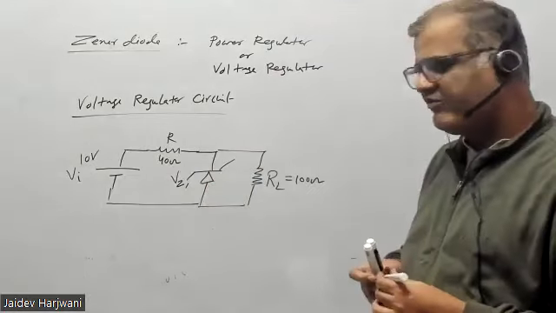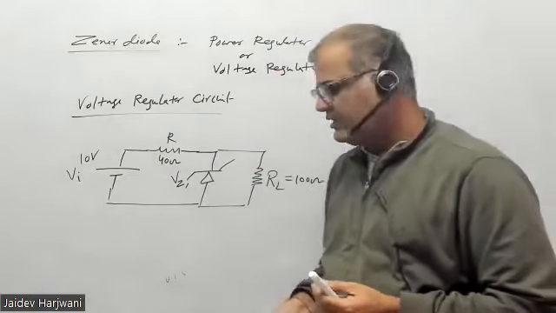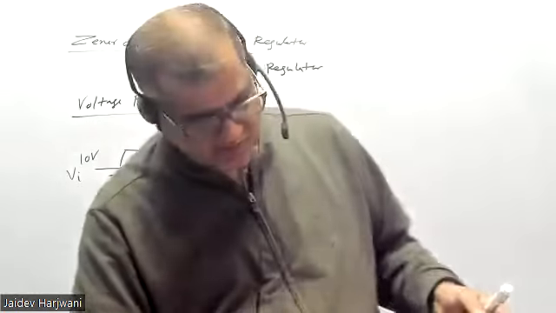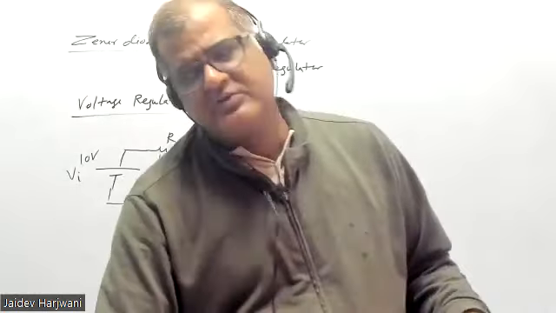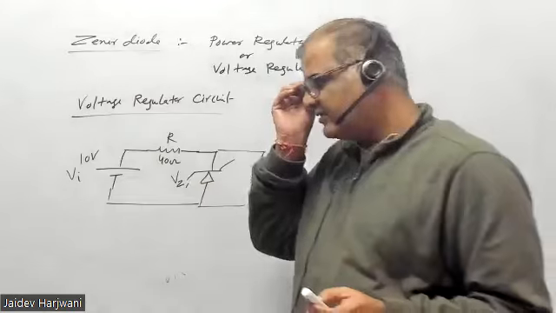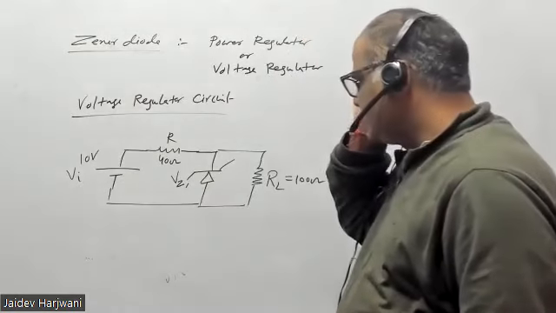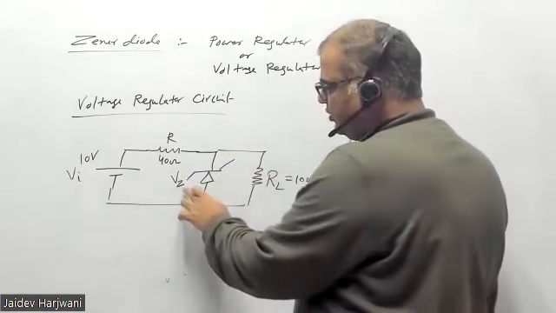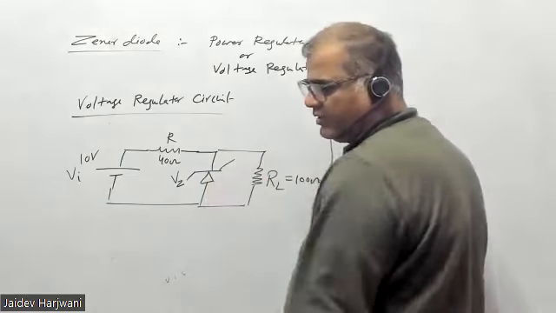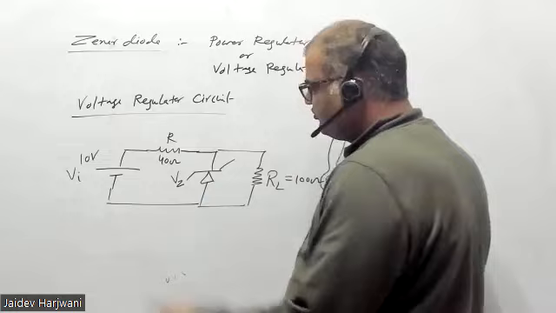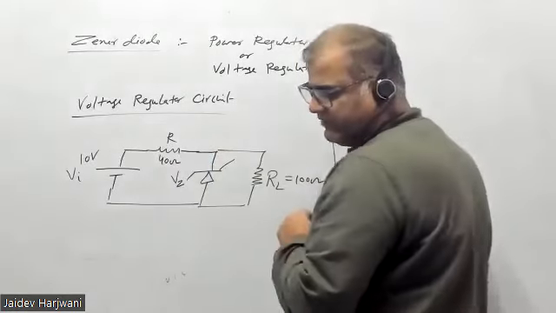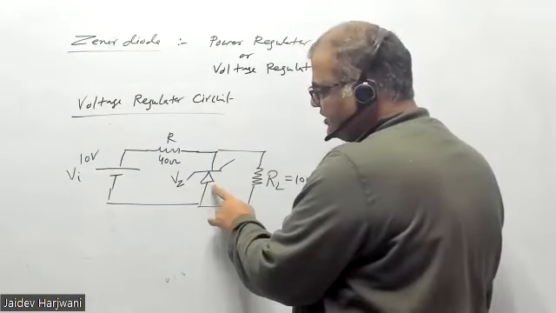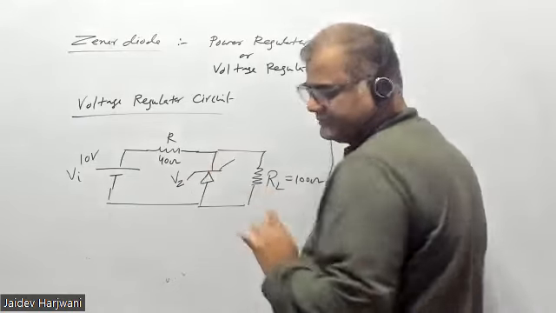Different types of problems can be designed on only this single circuit, so you just have to understand this circuit in the proper way. The first thing is that you want to make this Zener diode on. To check that, you have to check the voltage across this Zener diode.